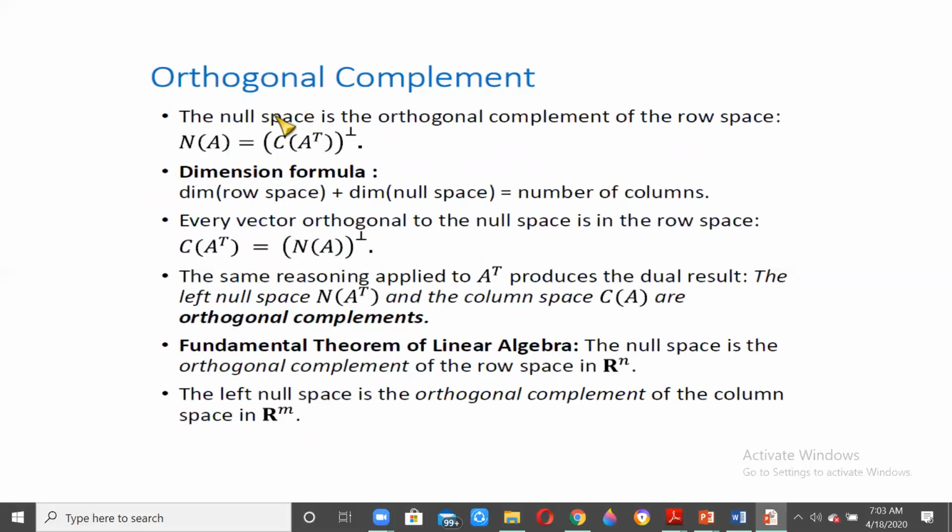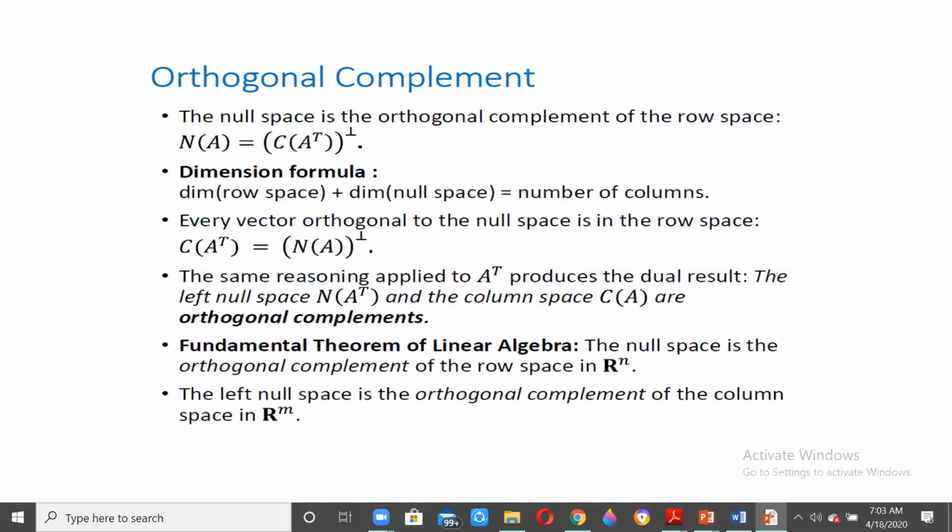So the null space is the orthogonal complement of the row space. If something is present in the null space, it cannot be present in the row space.